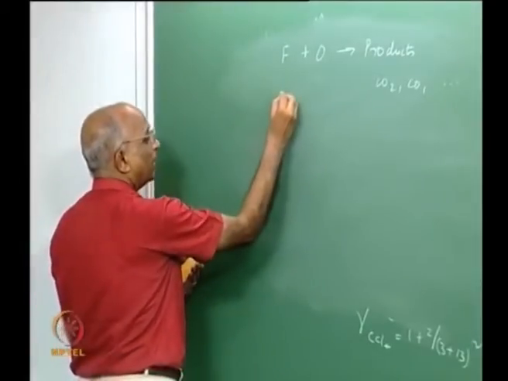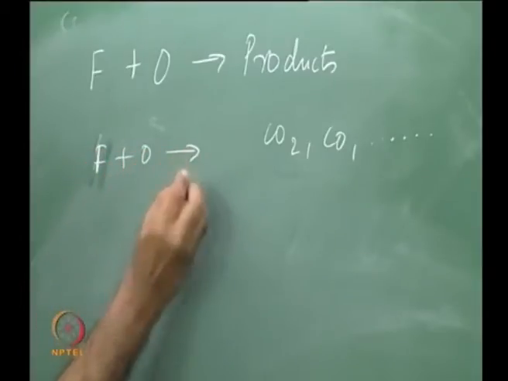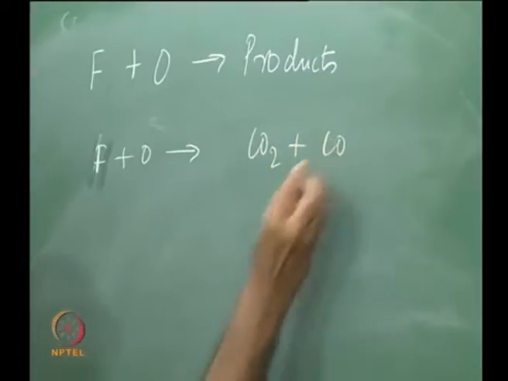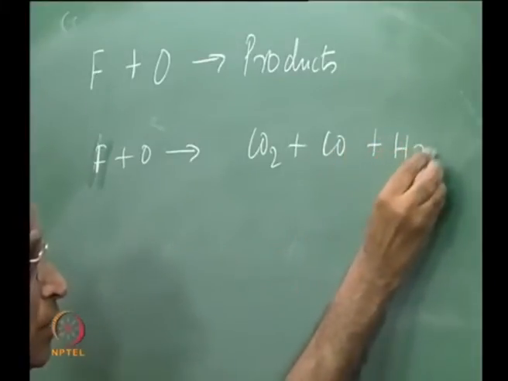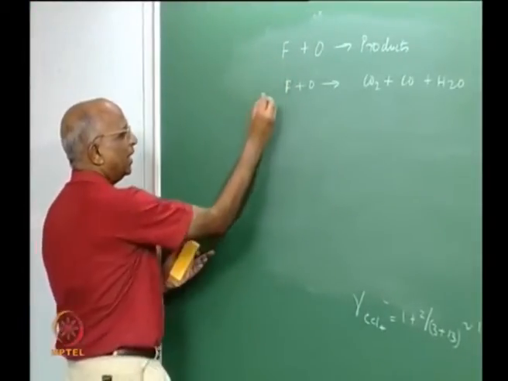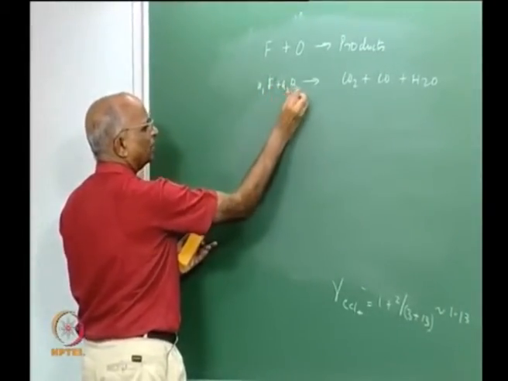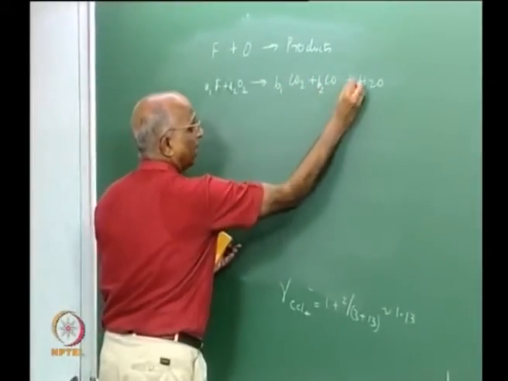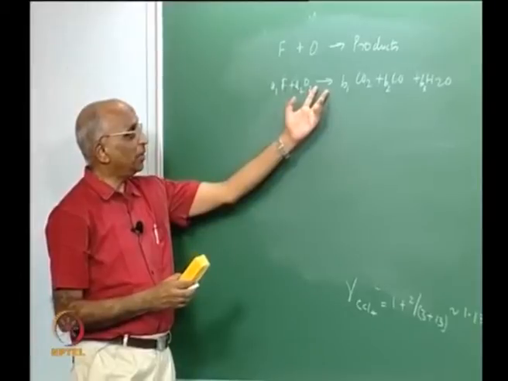Therefore, my chemical reaction is fuel plus oxygen gives me, let us say, CO2 plus CO. I am not bothered, I just say maybe this contains hydrogen also, therefore maybe H2O also. Composition of the fuel is known. Let us say I take A1 moles of the fuel, I take A2 moles of oxidizer, and then I get B1 moles of one product, B2 of the second, B3 of the third. Therefore, what is the energy released in this particular reaction?